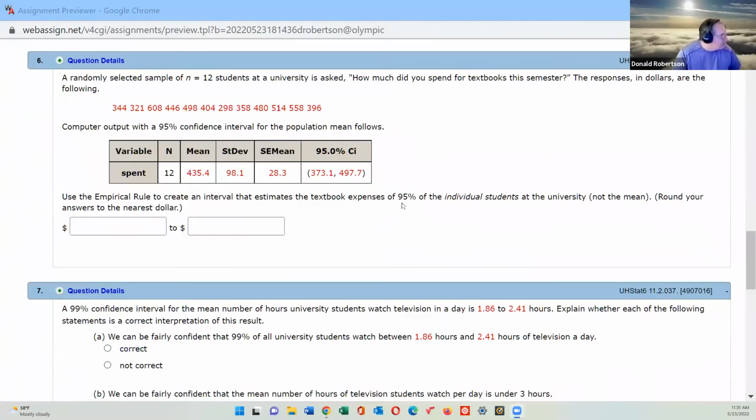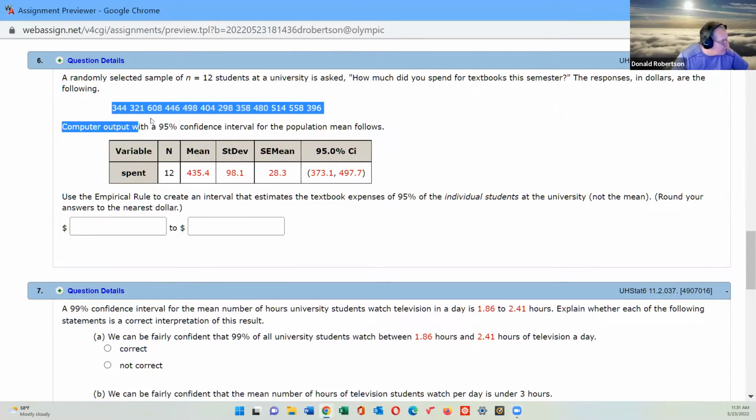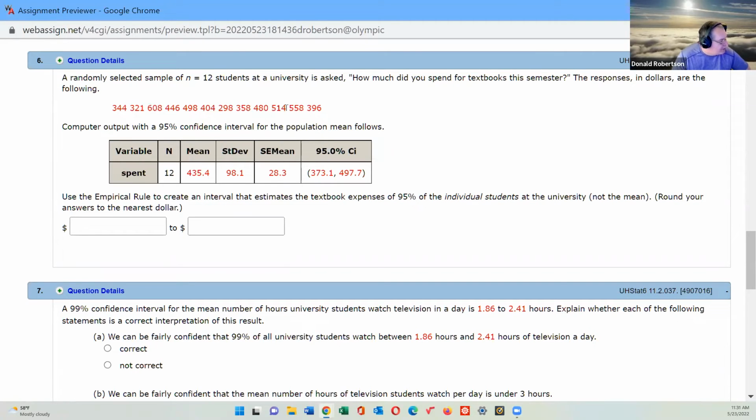A randomly selected sample of 12 students at a university were asked, how much did their textbook cost them? And here are all the numbers. So that poor person spent over $500 on the textbook in a semester. Ouch. Well, actually, now I look at it, didn't that person spend even more?